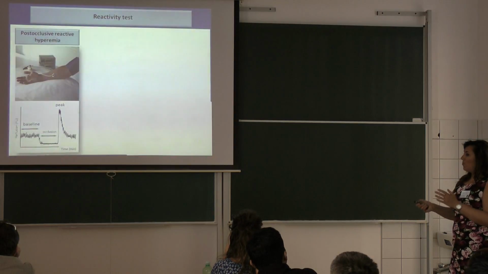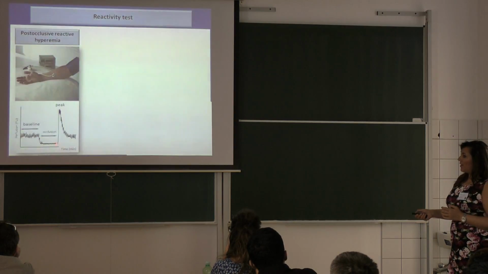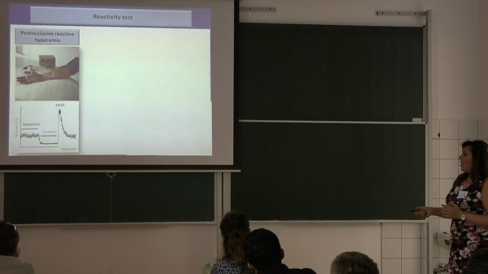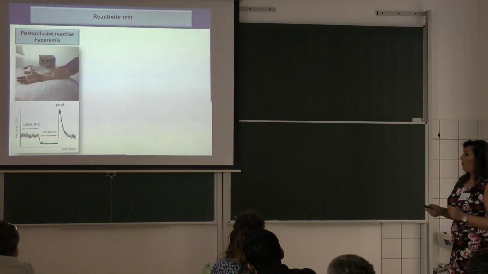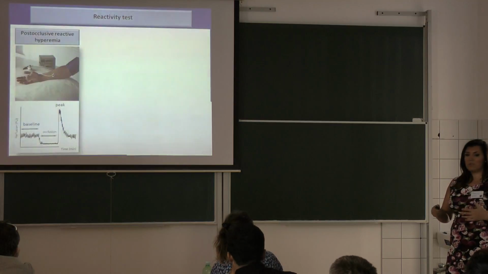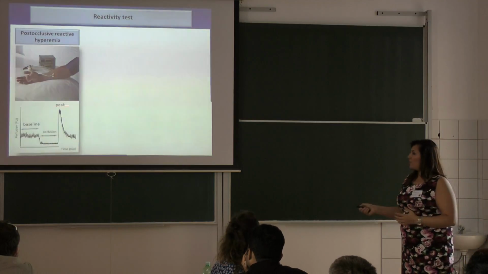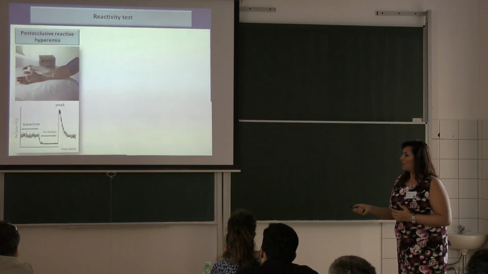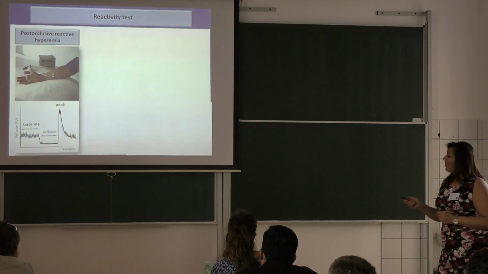And we can calculate the latency from the occlusion to the peak, the latency from the peak to the recovery, the area under the curve, the slope, and so on. So there's a lot of information in one single report.